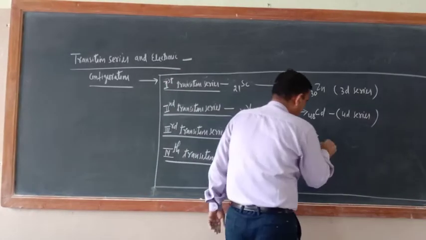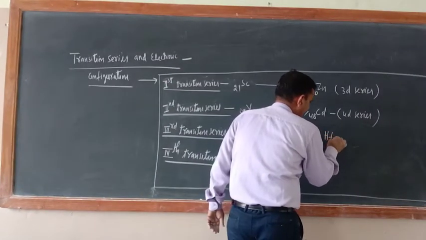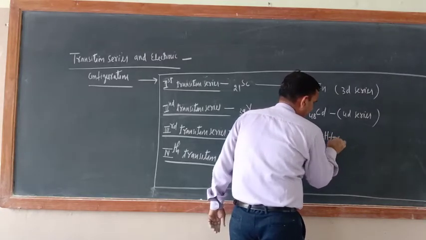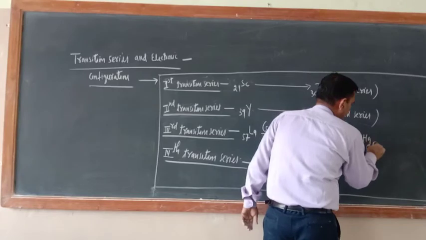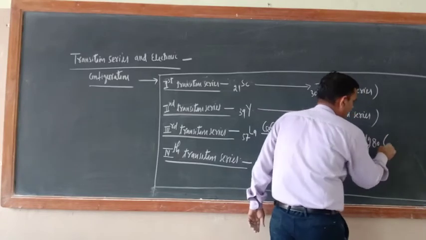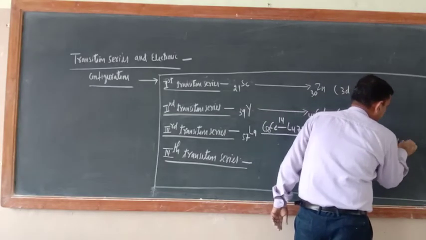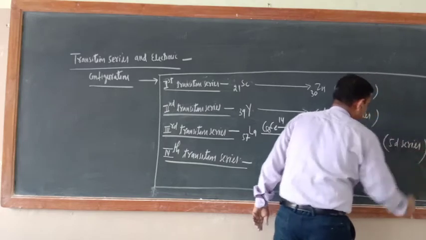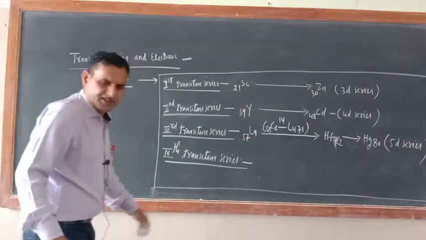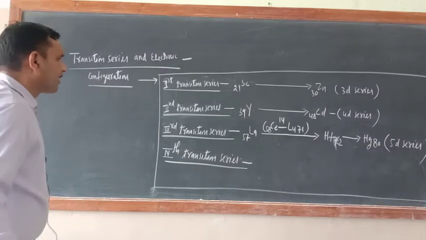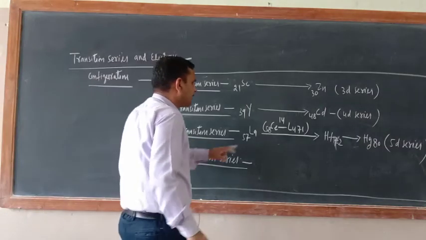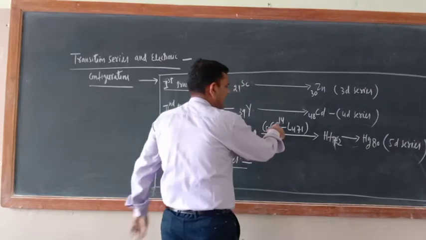Again it will start from hafnium 72 and goes up to Hg 80. This is known as the 5D series. What is the name of this series? 5D series.